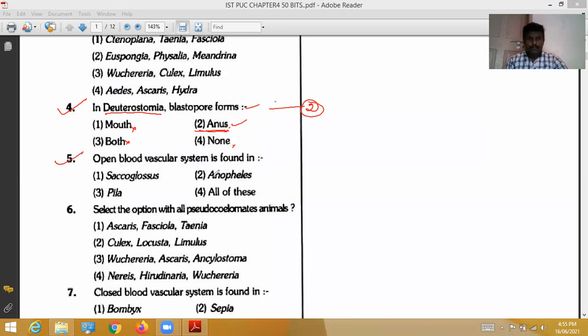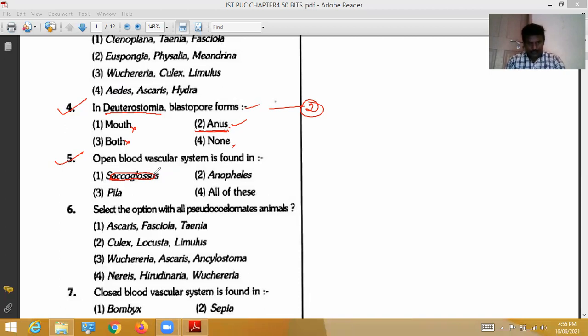Next, open blood vascular system is found in. Open blood vascular system is nothing but an open type of circulatory system. It is commonly found in Saccoglossus, which belongs to Hemichordata.